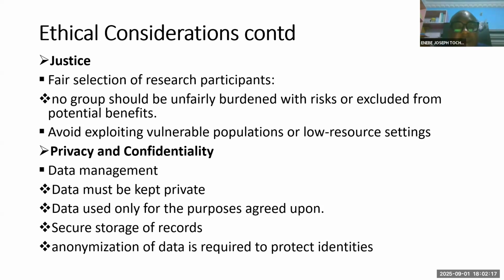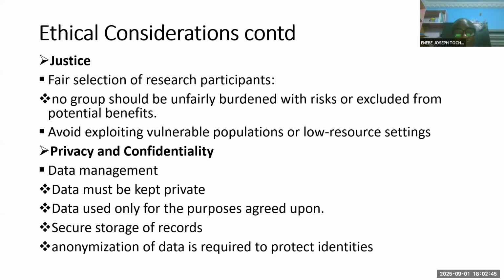Now, there must be privacy and confidentiality, especially in data management. Data must be kept private, and the data must be used only for the purpose it was meant for. You find that some people, when they come from foreign research, come here to take a blood sample. By the time it reaches over there, so much research could be conducted with it, so it's not good. So you find that the privacy and confidentiality the patient has given for the research has been broken.